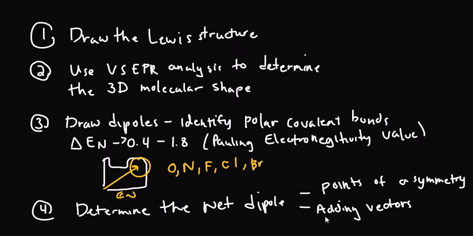All right, so let's get into some examples, because the real way to understand polarity is just to do a whole bunch of these as examples. The first example that I'm going to do is my favorite, and that is water. So we start out with the molecular formula for water.